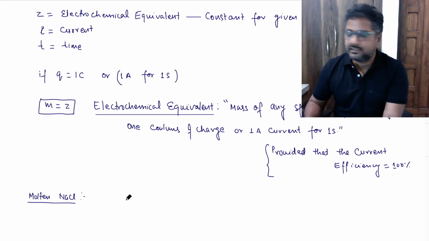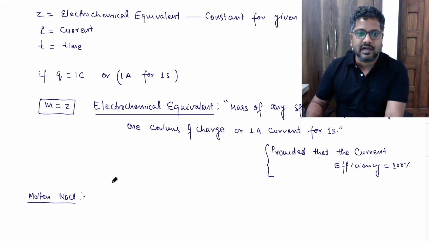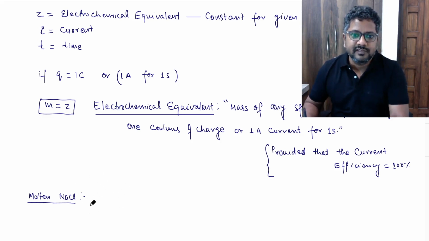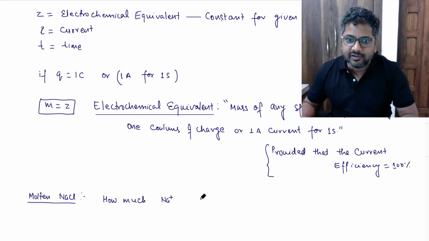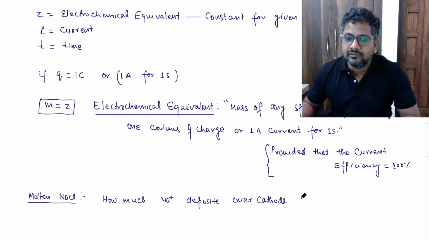So suppose you have taken molten sodium chloride with inert electrodes, and now find how much Na plus deposits over the cathode by 1 coulomb of charge, right?